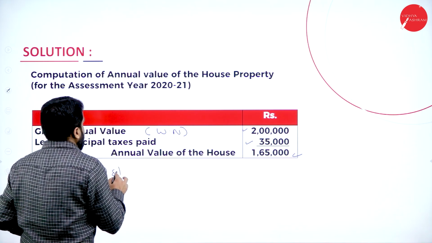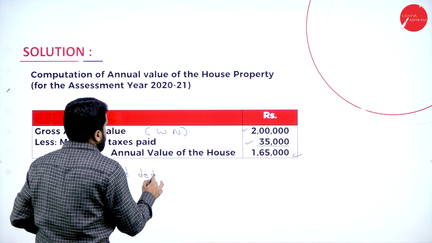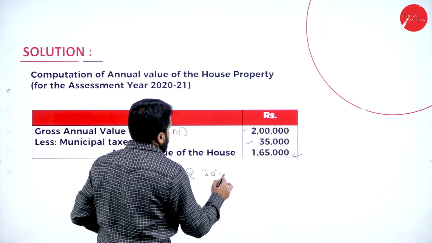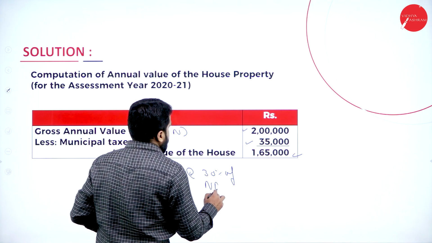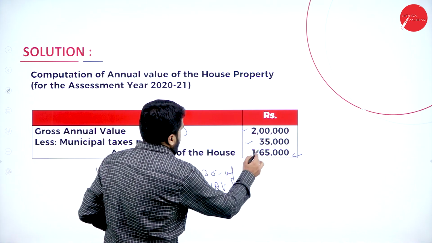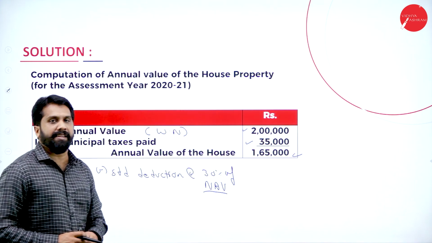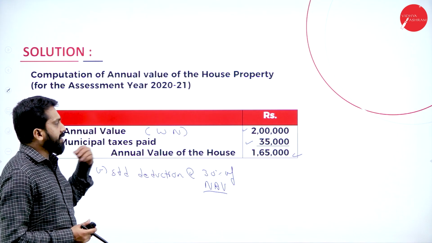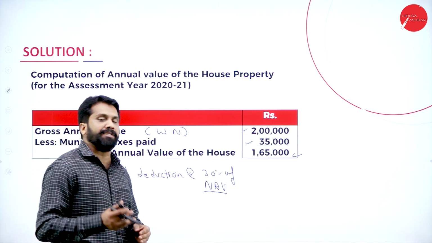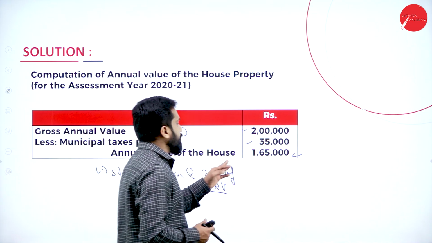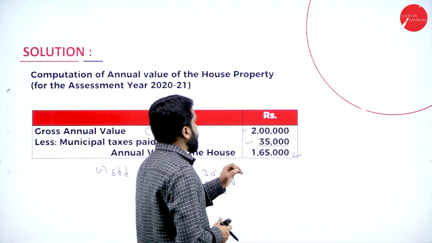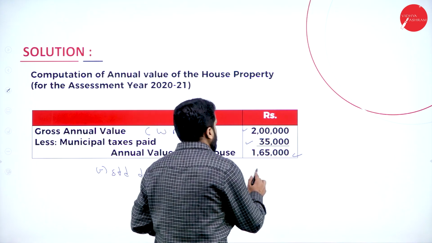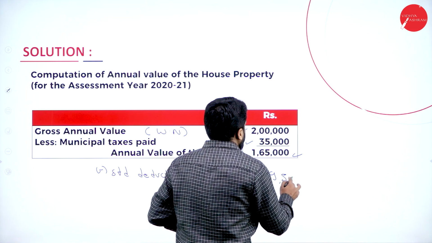Less standard deduction at 30% of net annual value. On this, you are supposed to calculate 30%. So you will get how much? 16,500, again 16,500, again 16,500. It will be around 49,500.